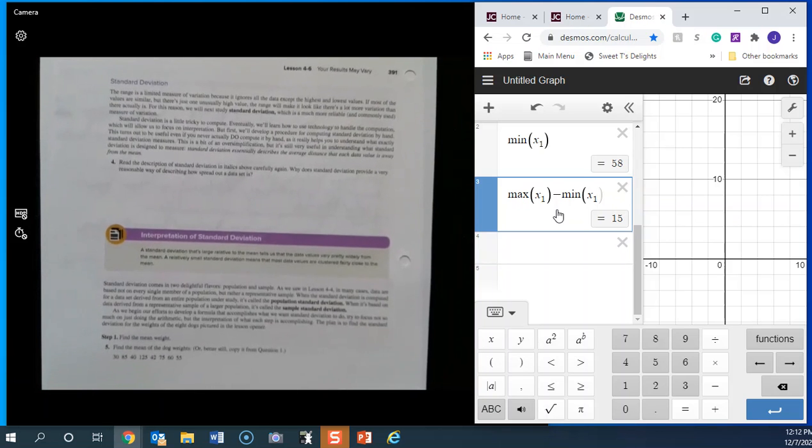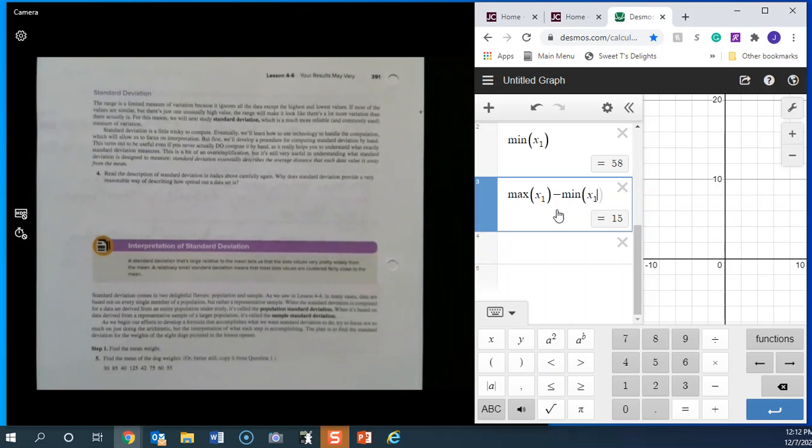It says standard deviation. The range is a limited measure of variation because it ignores all the data except the highest and lowest values. If most of the values are similar, but there's just one unusually high value, the range will make it look like there's a lot more variation than there actually is.